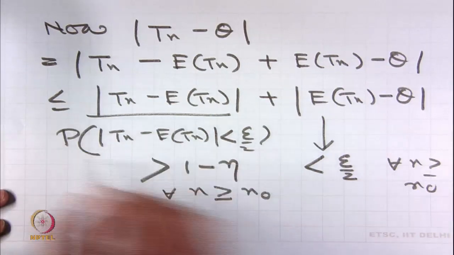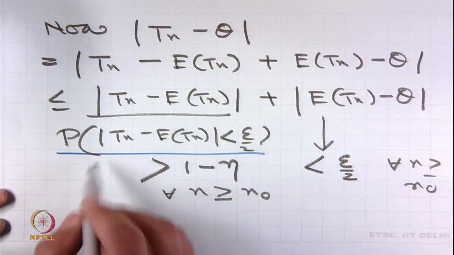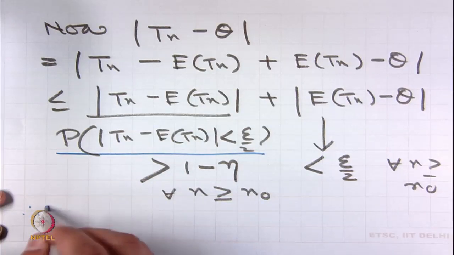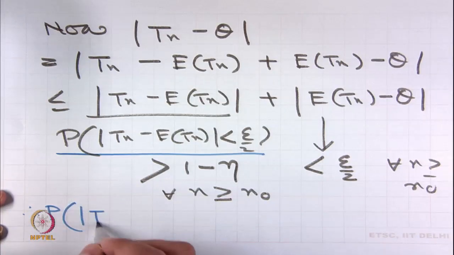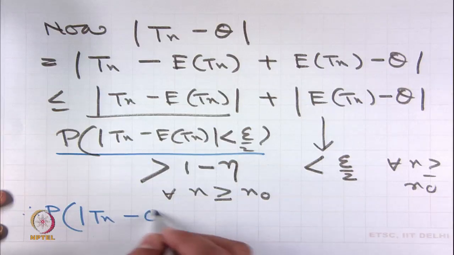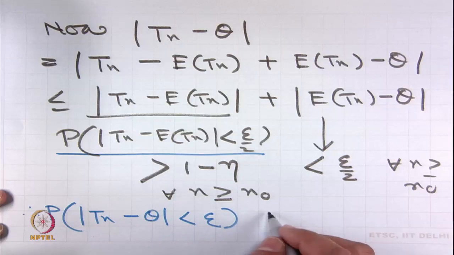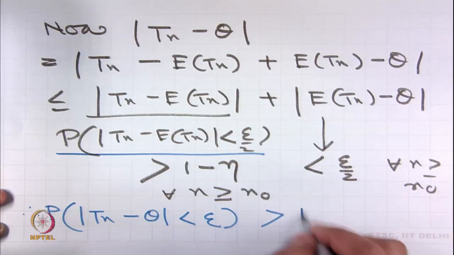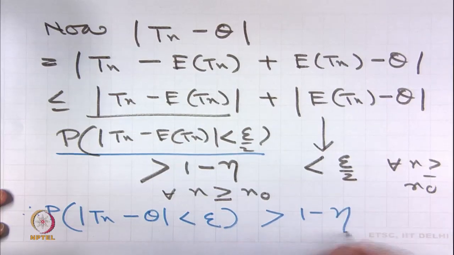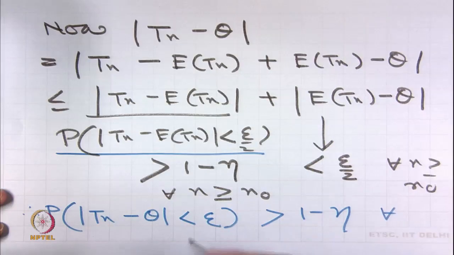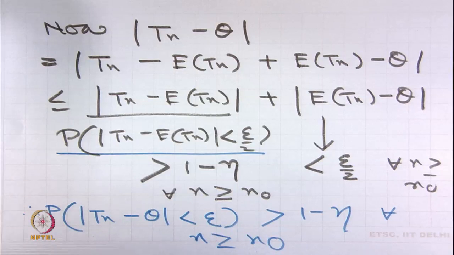Therefore, from these two we can see that probability modulus of T n minus theta less than epsilon is greater than 1 minus eta for all n greater than or equal to n naught.